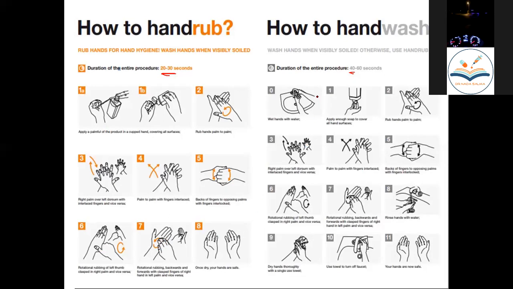As for hand washing, we of course use water and soap. First of all, open the faucet of the tap, then apply soap in the same manner.